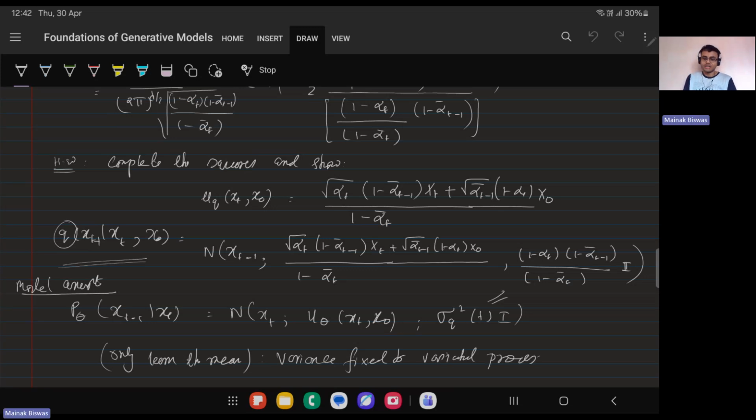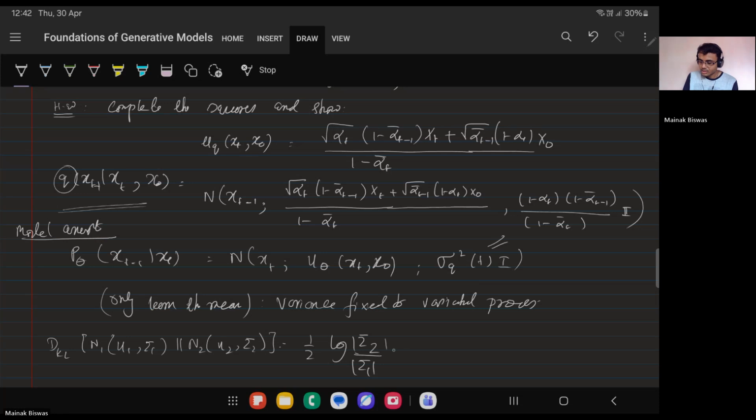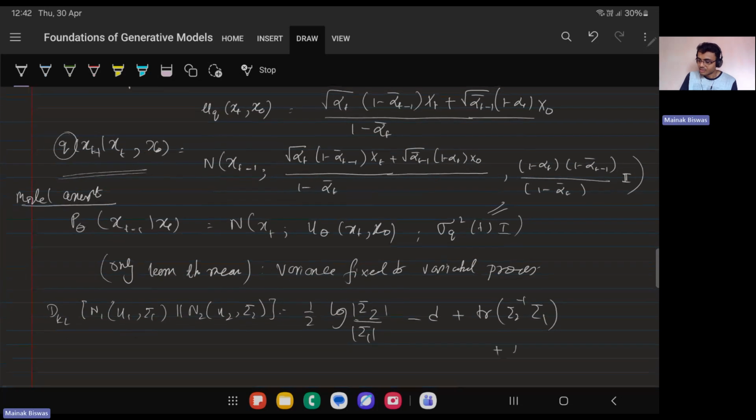Once you do that, we know that the KL divergence between two normal distributions, we have derived this in class, between normal(mu 1, sigma 1) and normal(mu 2, sigma 2), is equal to half times log of sigma 2 by sigma 1 minus d plus trace of sigma 2 inverse sigma 1 plus (mu 2 minus mu 1) sigma 2 inverse (mu 2 minus mu 1).